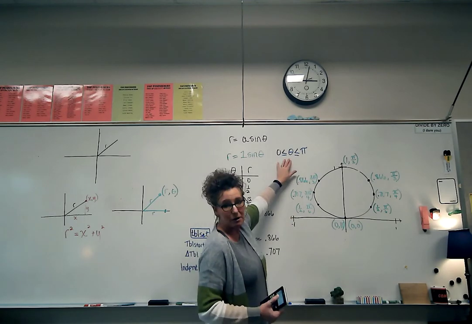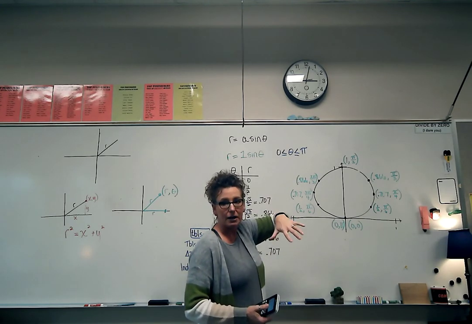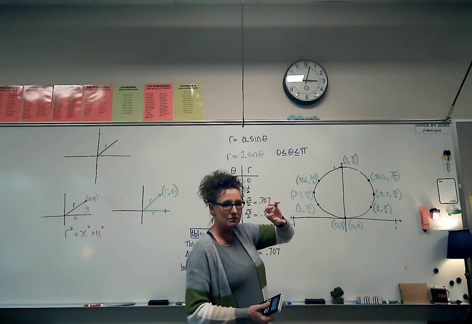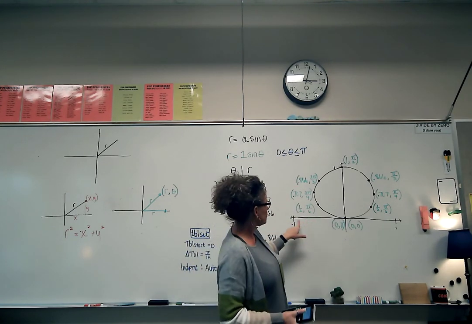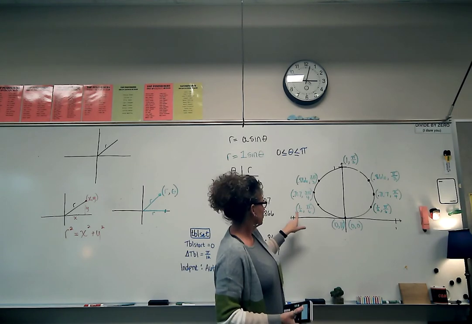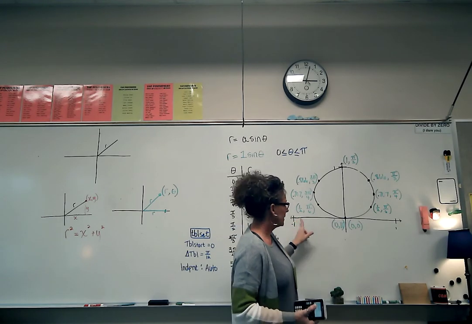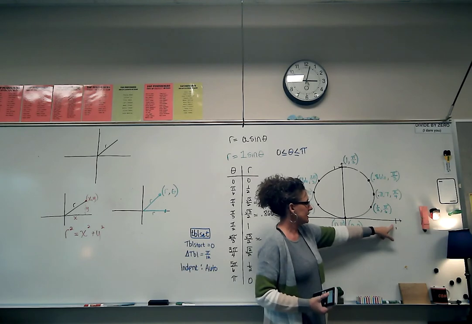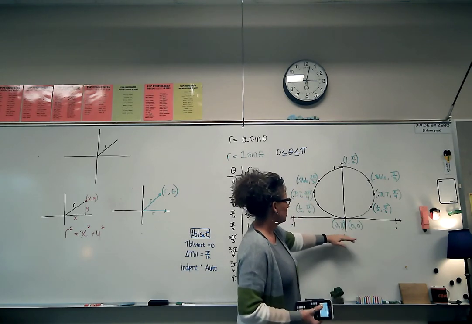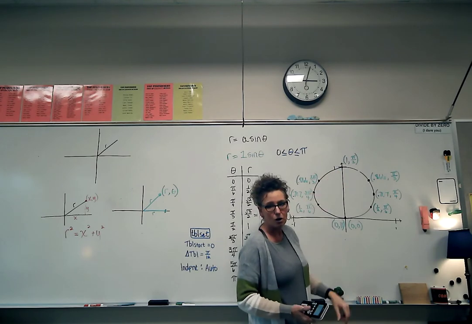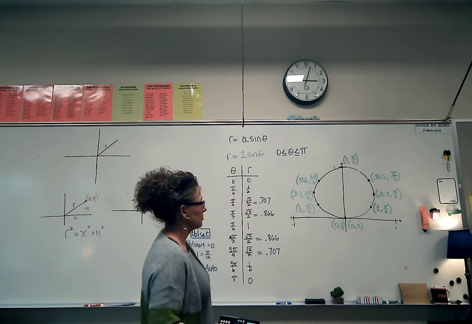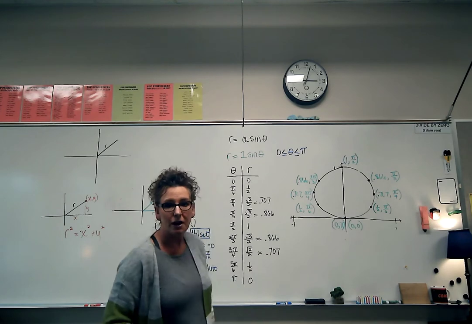Your theta step, I've got mine small enough to where I can really see it graph nice and slowly. You can do an x min at -1, an x max at 1, and go to at least 1 on your y-axis. Set up your window, and in fact, go ahead and graph it.